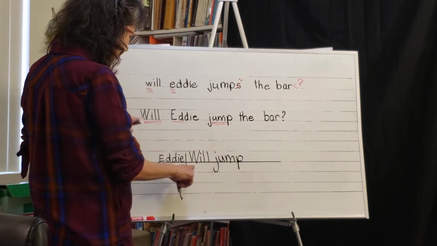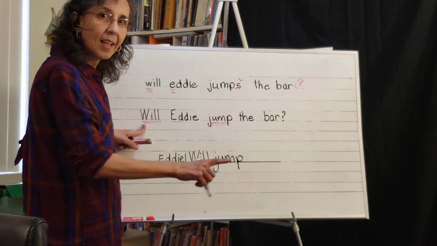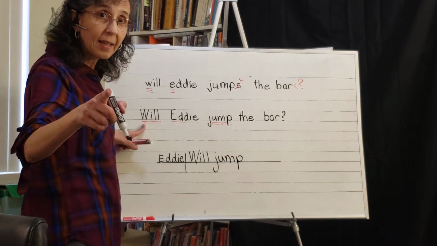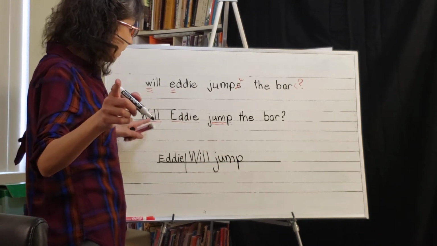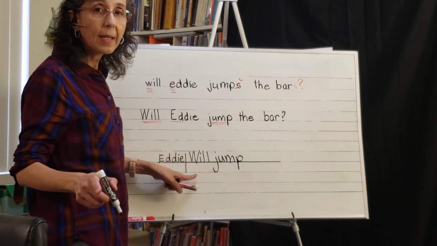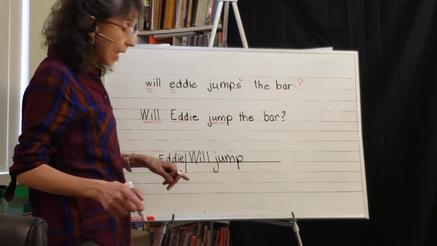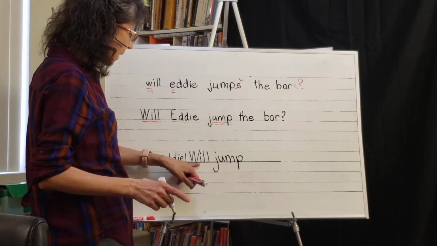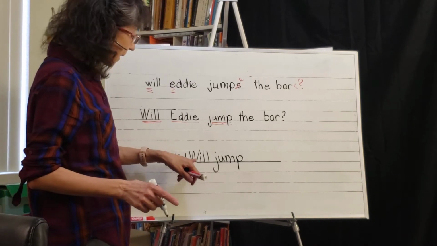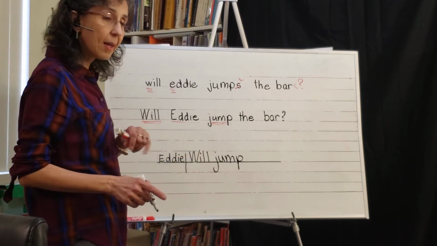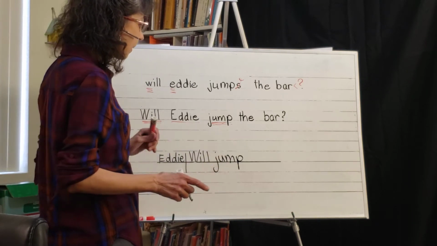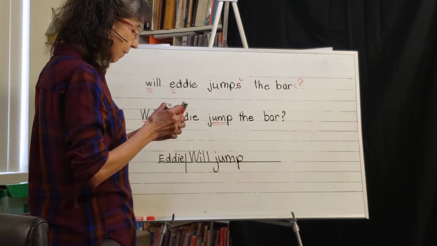Will jump. Why did I keep the capital letter? Did I hear one of you say? I think I did. Because we don't have any punctuation marks here. And we'll know that it's a sentence, a question, by seeing where we start right there. Will Eddie jump? Now what else do we have?